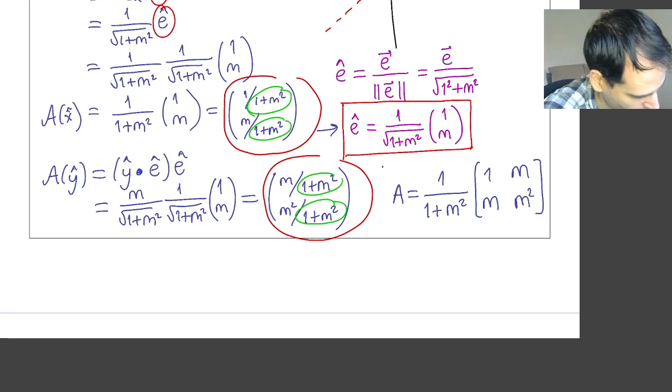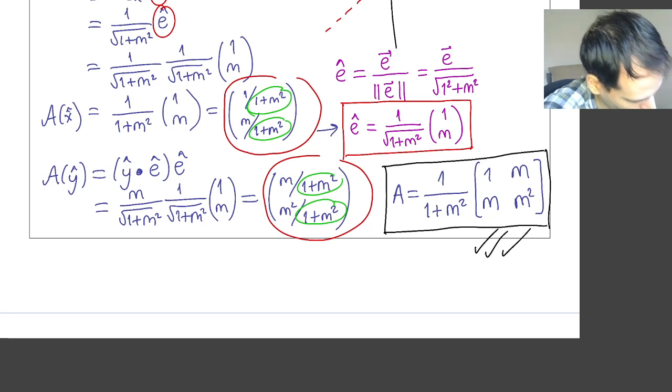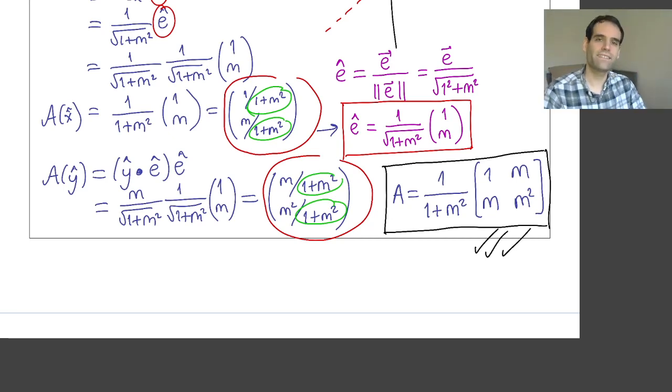And this finalizes the problem. This is our matrix that projects any vector onto the line y equals m times x.